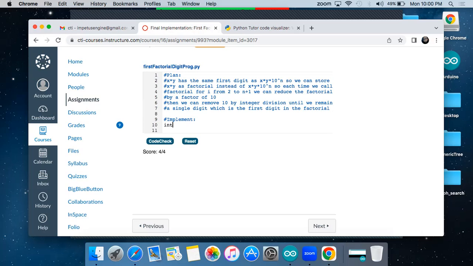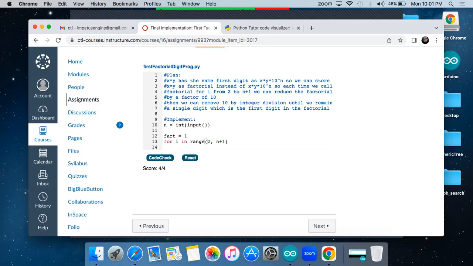We can enter the number n, which is an input, and then we can set up the factorial, so factorial equals 1, and then we can range for i from 2 to n plus 1.